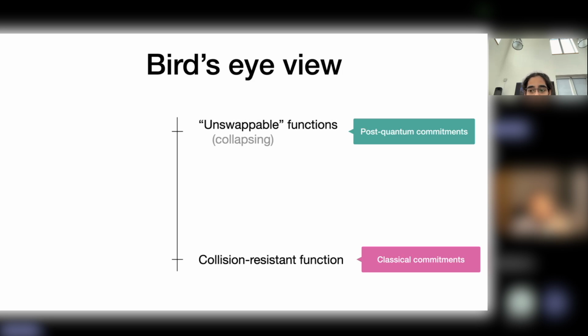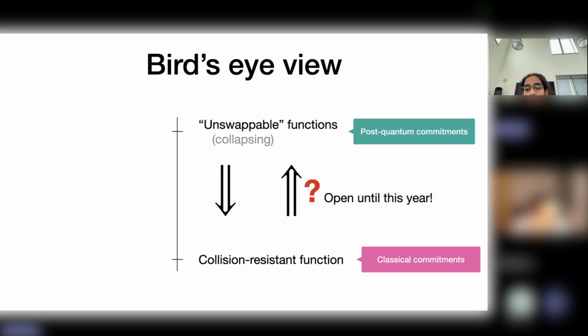But when you go to the post-quantum setting, when your adversary is quantum, you need something that seems a bit stronger. You need what is called collapsing functions, but I'll call it unswappable, which means basically you should not be able to swap between coherent openings to 0 and coherent openings to 1. Okay, so it's known that this unswappable property implies collision resistance, but for a while it was not known whether the reverse was true.